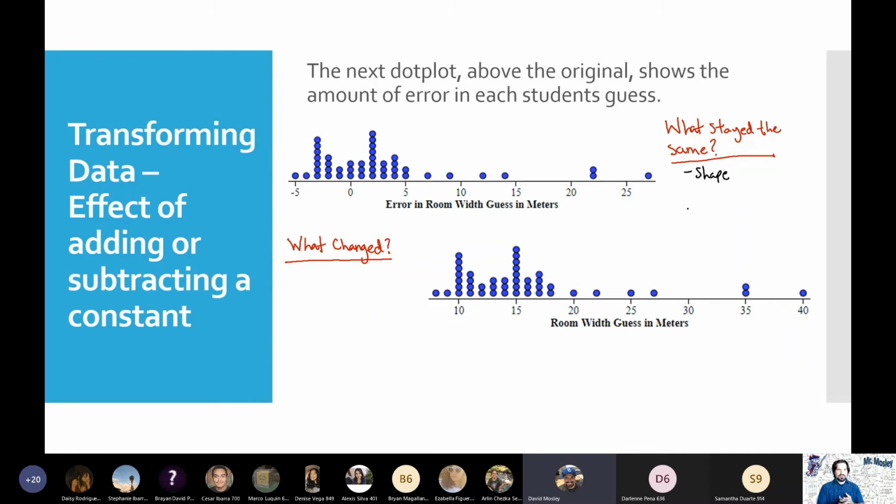We can think about our measures of center, like mean, median, the quartiles, our measures of spread, percentiles, things like that. The range, the actual measurement of the range or the IQR, did those change?